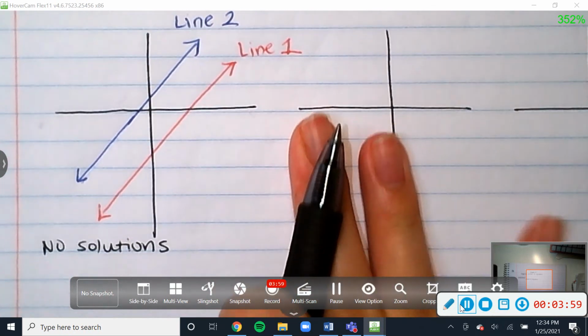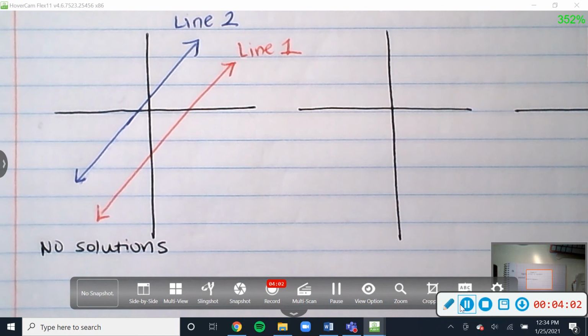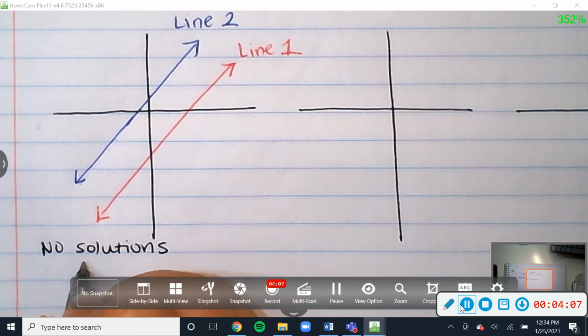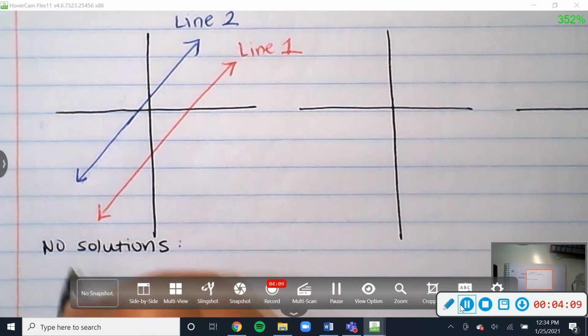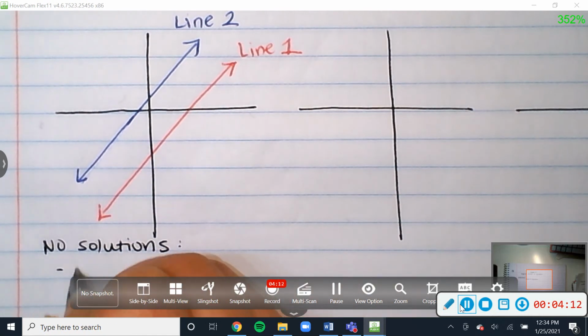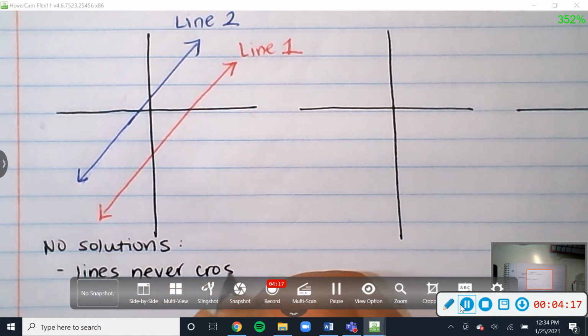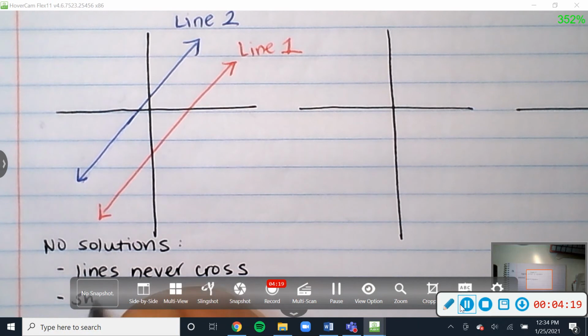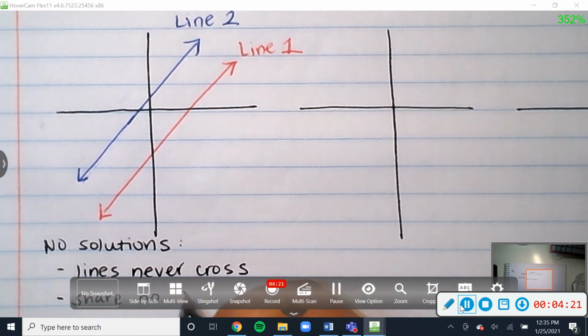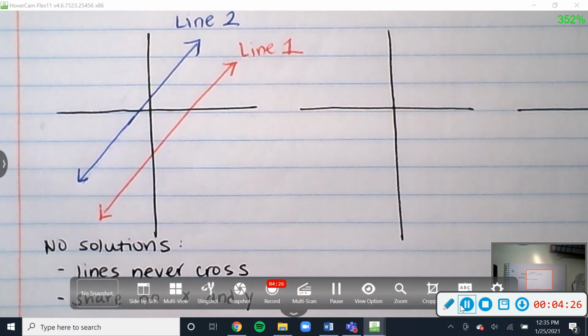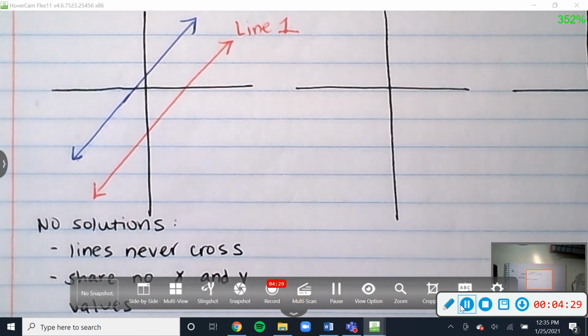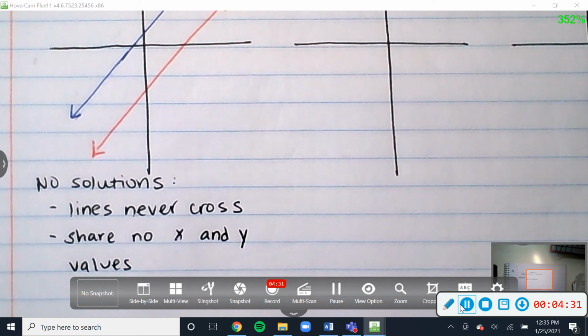If your lines never cross, that means they're not sharing any x and y values in common, so we would have no solutions. So when you have no solution, you can think of it as your lines never cross. They share no x and y values in common. So this would be an example of a system that has no solutions when it is parallel like this.